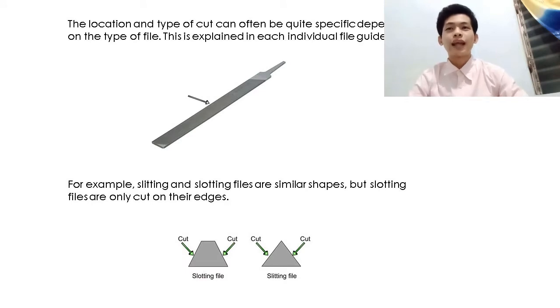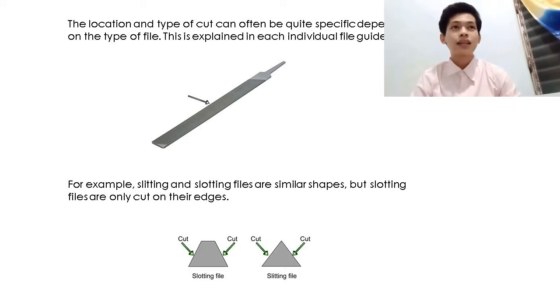The location and type of cut can often be quite specific depending on the type of file. This is explained in each individual file guide. For example, seating and slotting files are similar shapes, but slotting files are only cut on their edges. So we have two different but very similar files: the seating file and the slotting file.